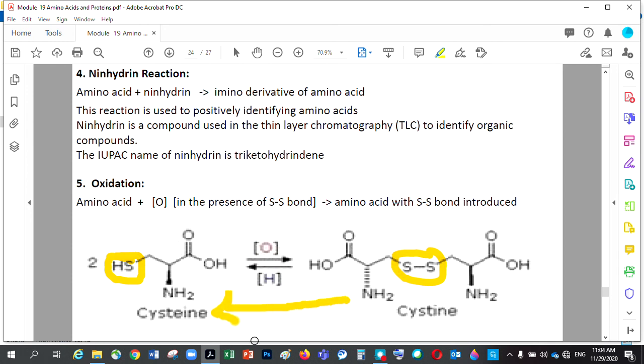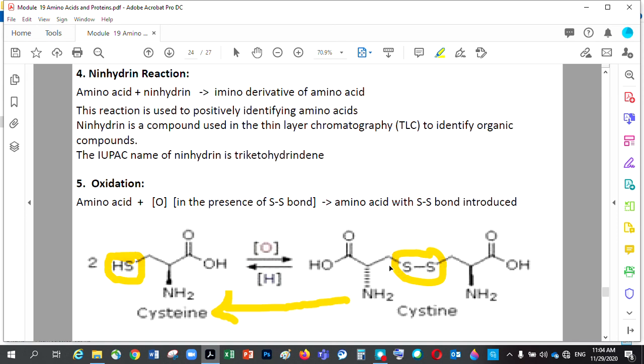So cysteine and cysteine has a disulfide group. This one has a thiol group. And this is the general reaction of thiol versus disulfide.